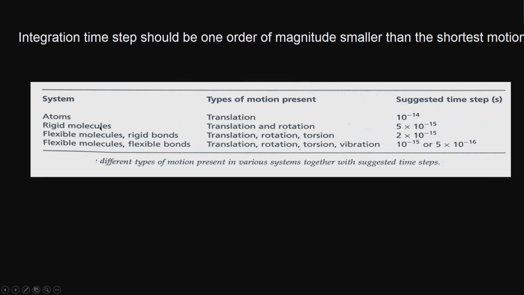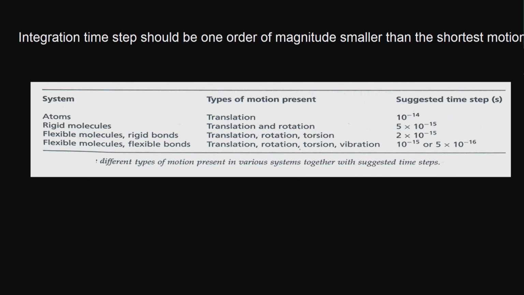If you have rigid molecules, looking at translation and rotation, then you should go to 5 into 10 power minus 15, a still smaller step. If you are looking at flexible molecules with rigid bonds, translation, rotation, torsion, you need time steps of 2 into 10 power minus 15. If you have flexible molecules with flexible bonds, so you want translation, rotation, torsion, vibration, you go almost to 10 power minus 16 time step, very small time steps.